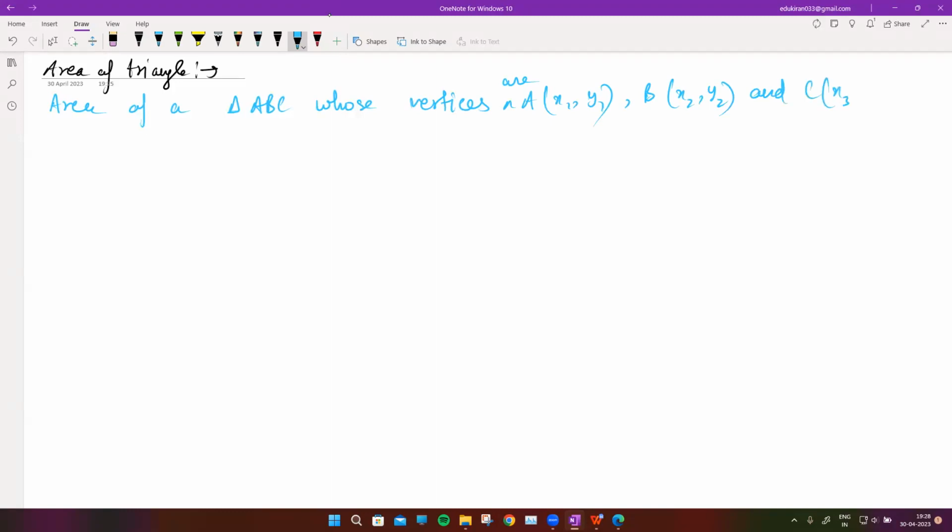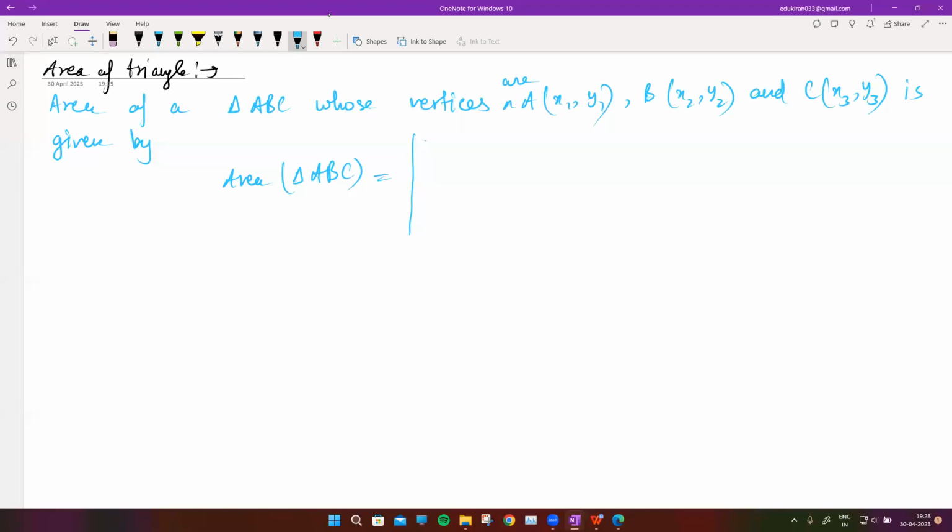Now the third is when you have all the vertices of the triangle. So the area of a triangle ABC, whose vertices are A (x1, y1), B (x2, y2), and C (x3, y3), is given by a very simple formula.